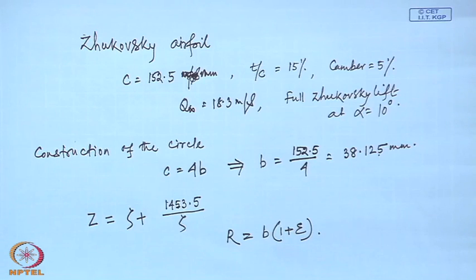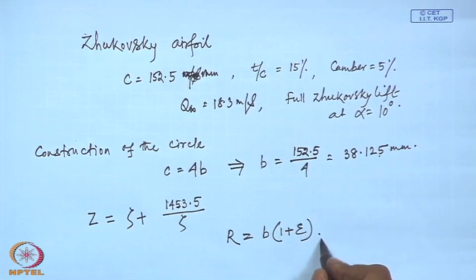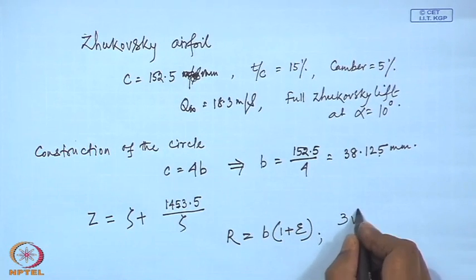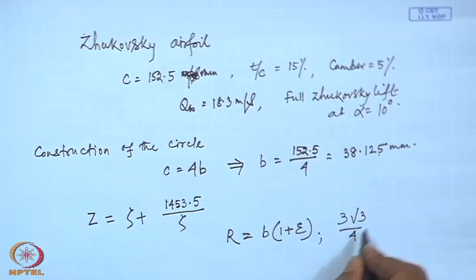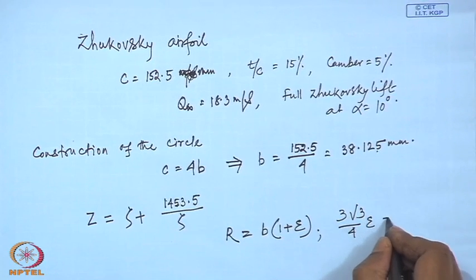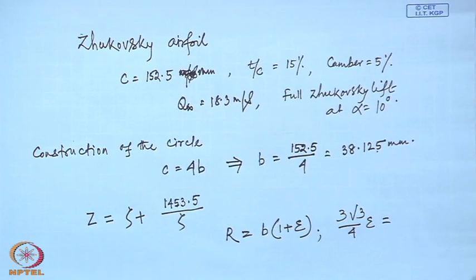Maximum thickness is 3 root 3 by 4 epsilon. We have 3 root 3 by 4 epsilon is maximum thickness. How much is that? 0.15.